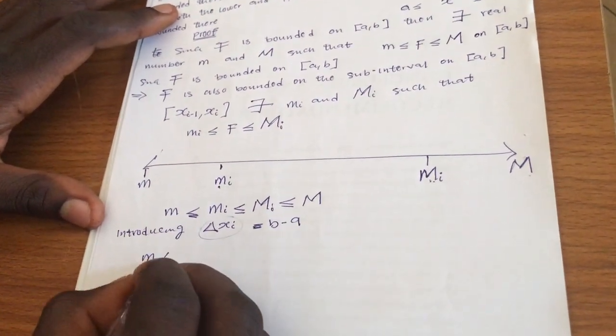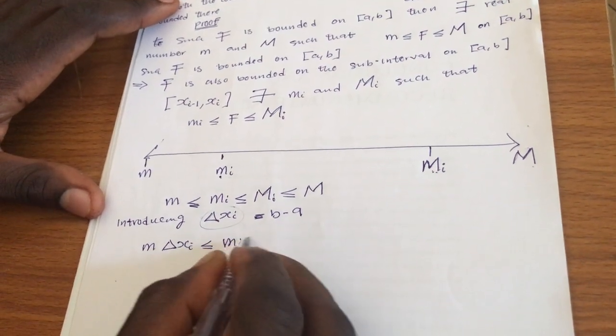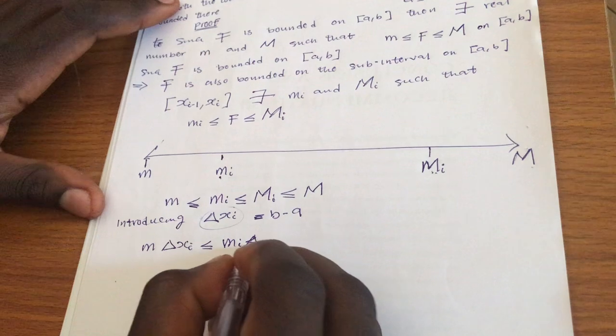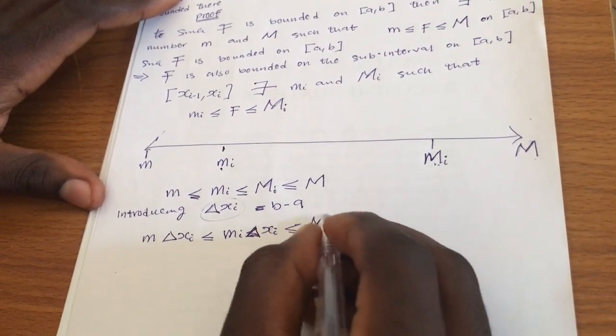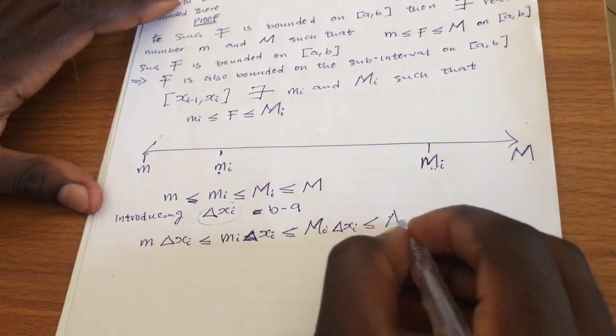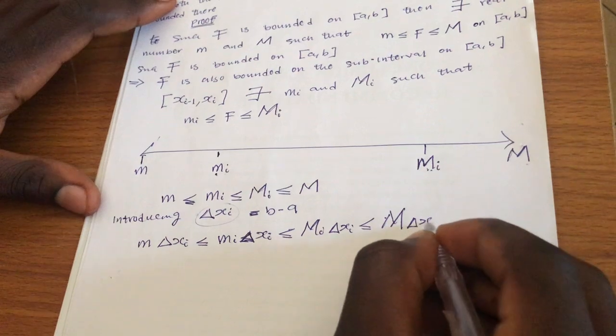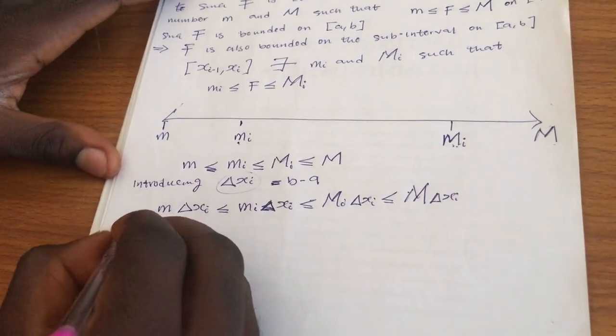That is, you are going to have m delta x_i less than or equal to m_i delta x_i less than or equal to M_i delta x_i less than or equal to M delta x_i. Do you get it?